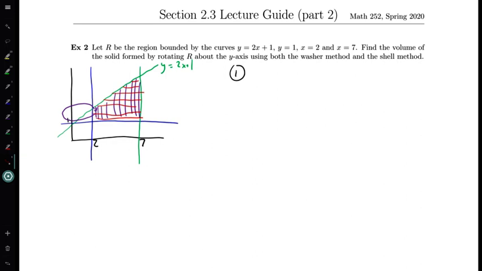So if I were to integrate with respect to y here, I would run into the problem where I'd have to split this up into two regions. One above the intersection of y equals 2x plus 1 with x equals 2, and the other in this region here below that intersection. So my feeling is that I would prefer to integrate with respect to x.